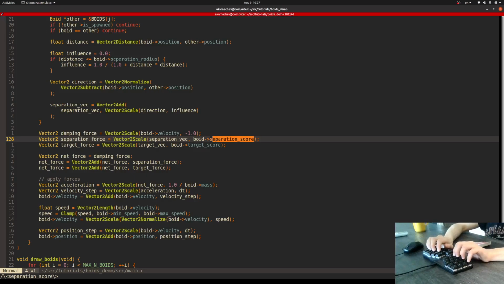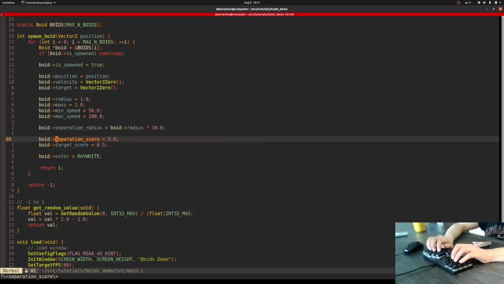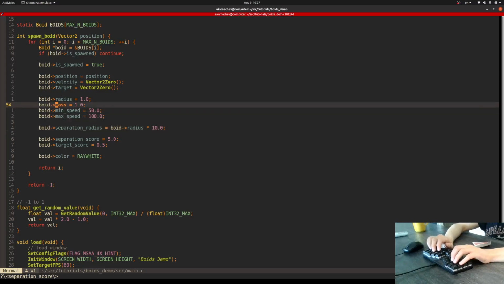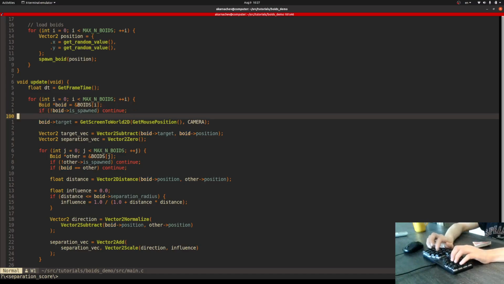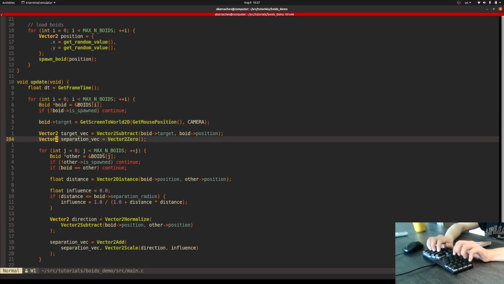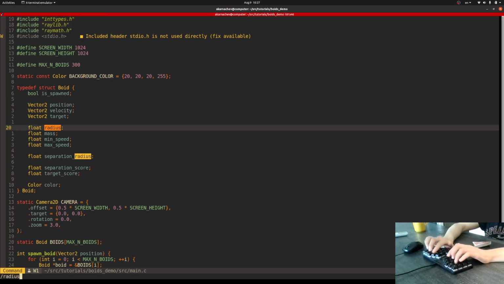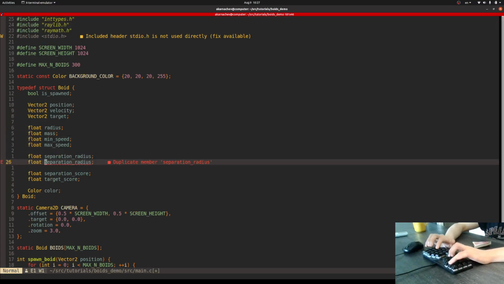Separation score. Yeah, let's say I have mass. Let's introduce group radius for the beginning. Group radius.